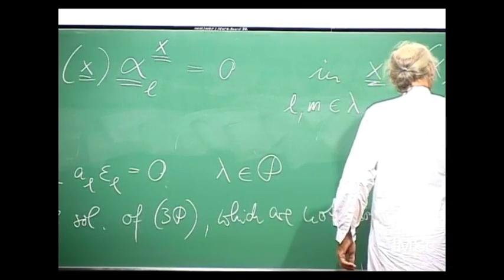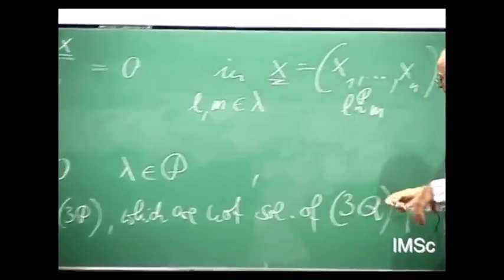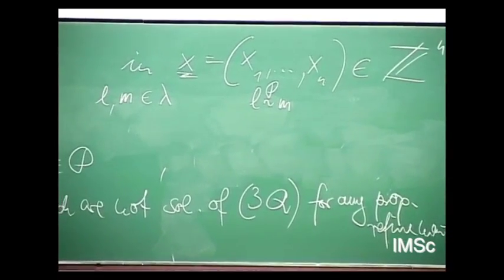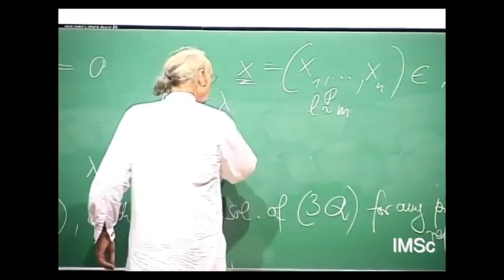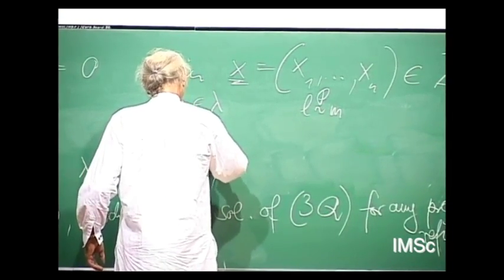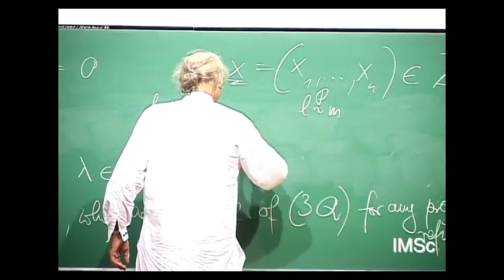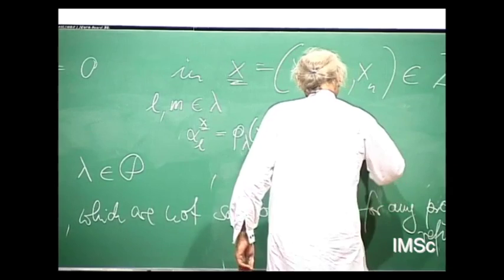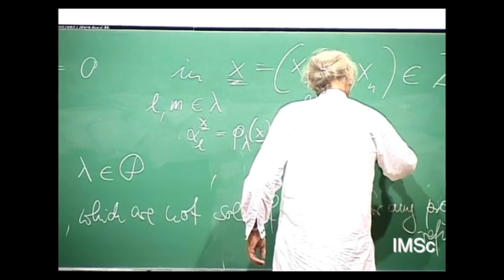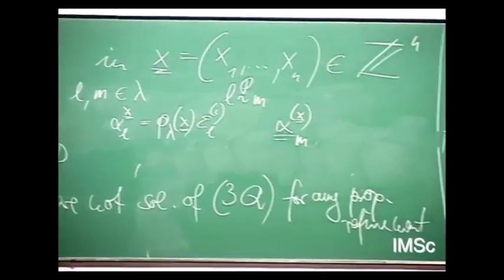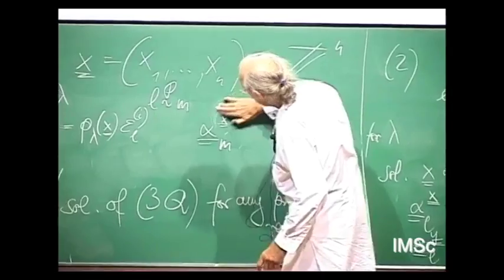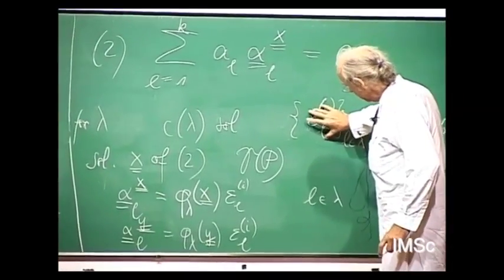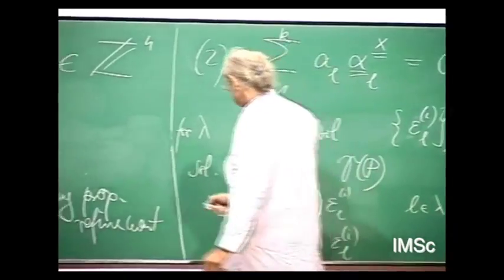We write for that also L and M are in relation with respect to our partition P. Well, that means that we have alpha L to the x is equal to phi lambda of x epsilon L super I, and alpha M to the x belongs to the same fixed solution in our finitely generated group, so it has the same factor of proportionality.